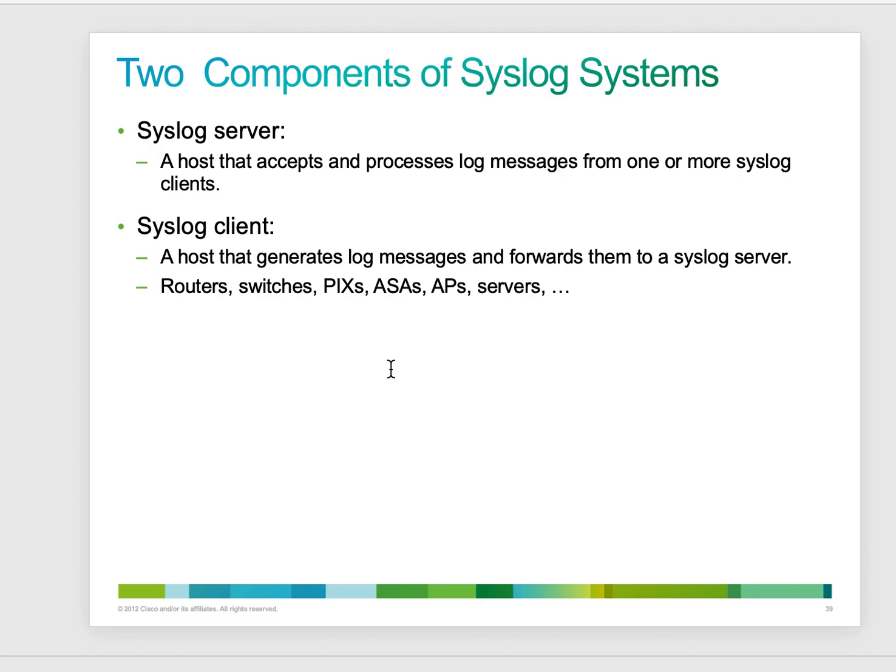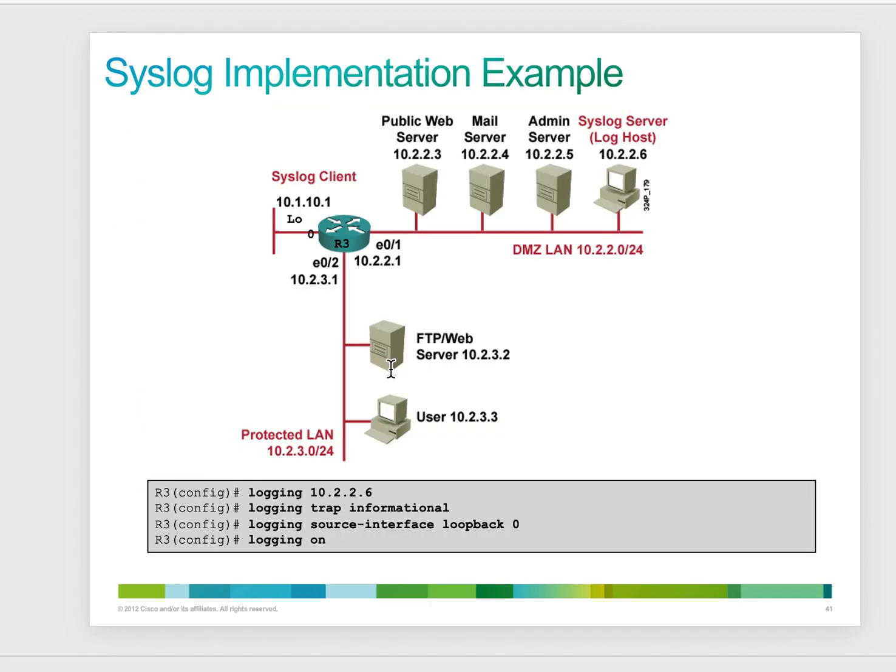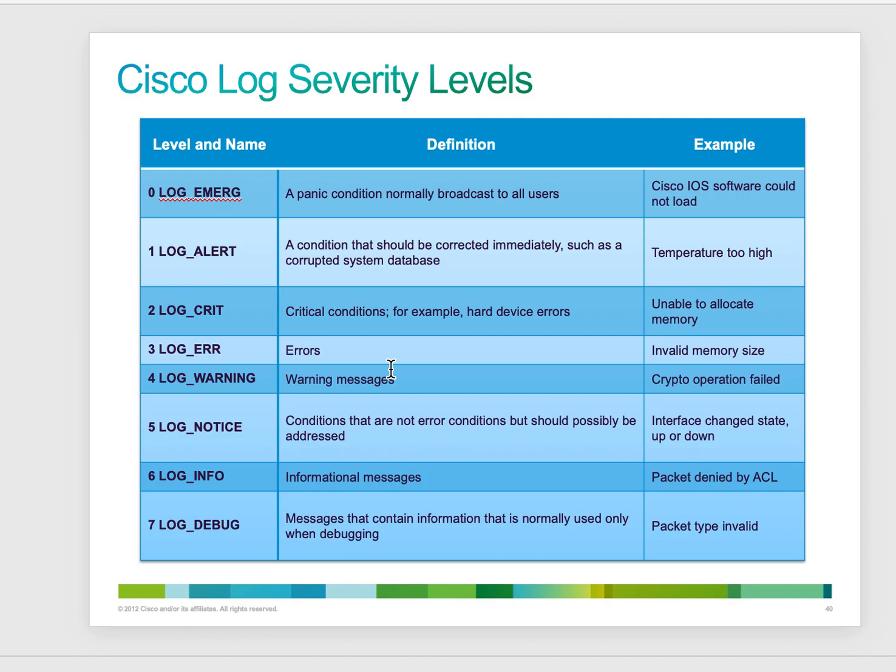The routers, the switches, the PIX, the ASA, the APs, and servers all belong to syslog clients. Okay, now let's move on. Cisco log severity levels. Okay, this one I think we can just overlook.